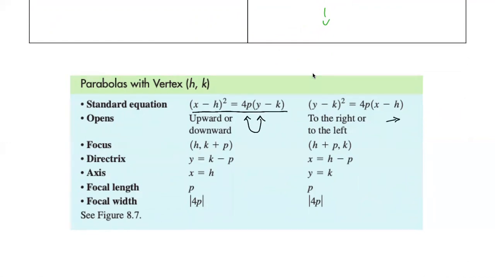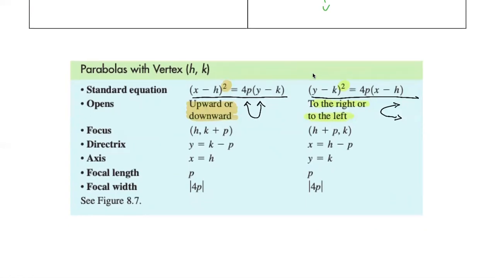But when we have our side-to-side parabolas, what's gonna be different is the y squared for the right and left ones, whereas the x is squared for the up or down parabola, okay? So only one of them is squared for the parabola, and the one that is squared tells you whether it faces up and down or right and left.